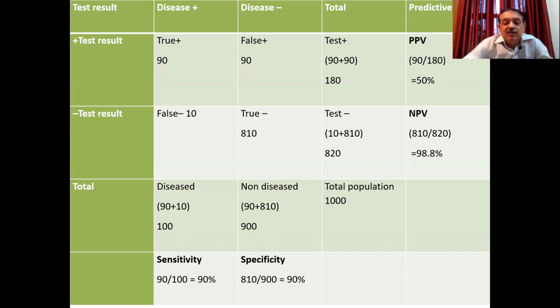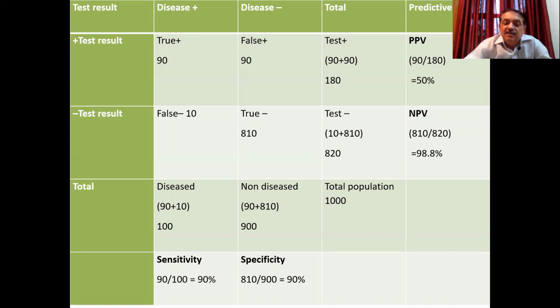And second column, if you check about specificity, it is 90% specificity, means we will be getting true negative in 90% of all the non-diseased. Now in a 1000 population, non-diseased are 900, because 100 are diseased and 900 are non-diseased.